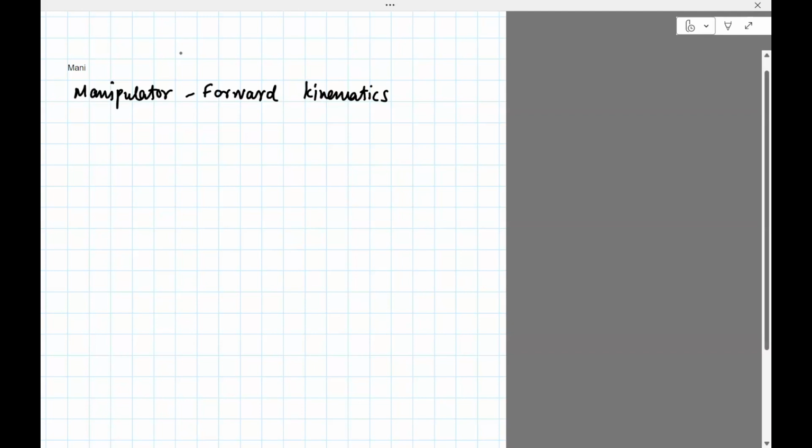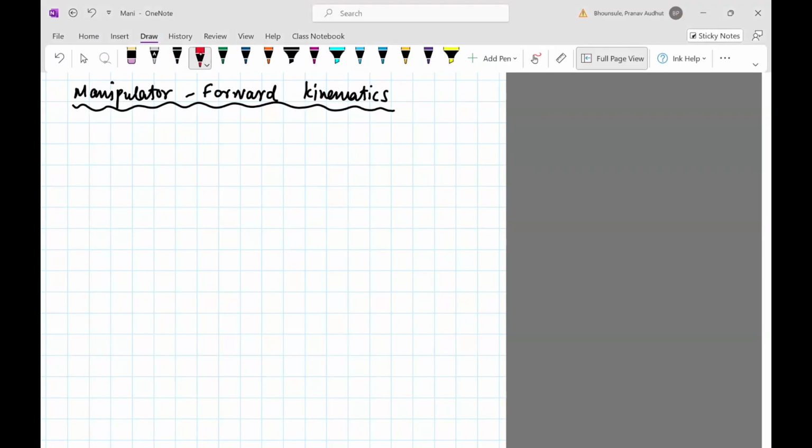What does forward kinematics mean? That word has a lot of significance. You'll hear it a lot of times in this course and perhaps outside.